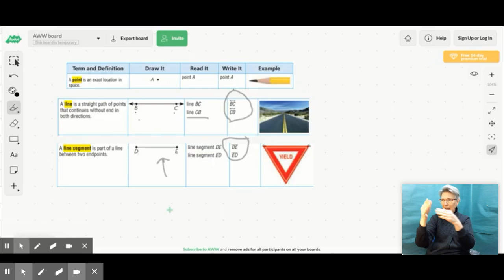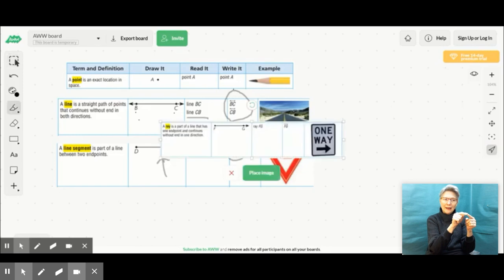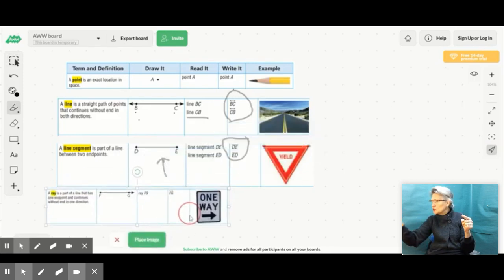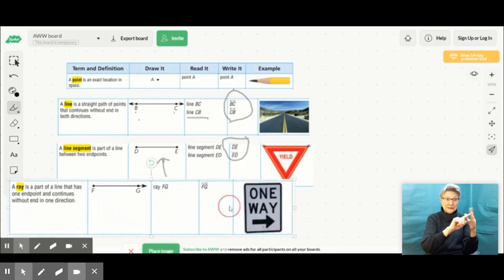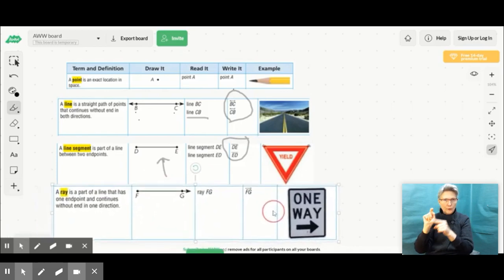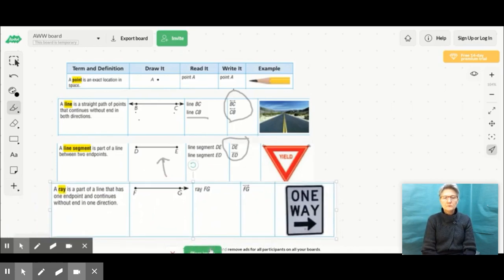We're now going to add another term to our chart. This is a ray. A ray is a part of a line that has one endpoint and it continues without ending in one direction. So here we're going to add to our chart. Let me make this a little bit bigger to make it easier to read. Okay, here we go.